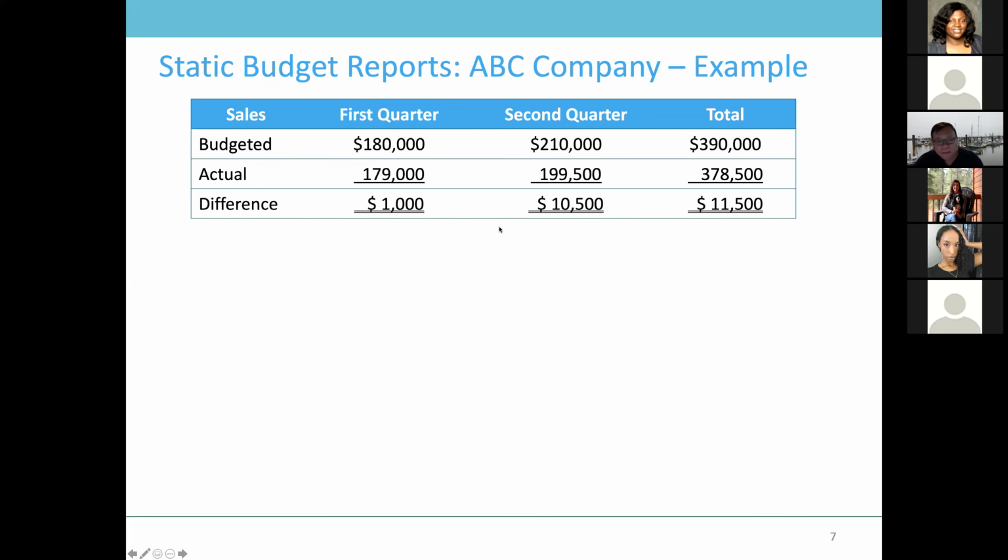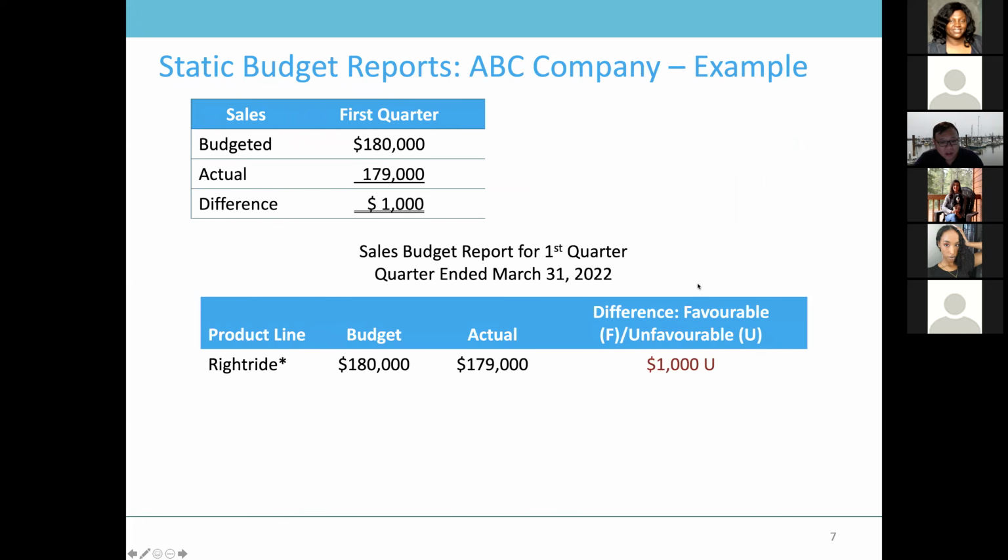If you take a look at the first quarter, when we compare the actual 179,000 with the budget 180,000 sales target, the difference is $1,000, and U means unfavorable.